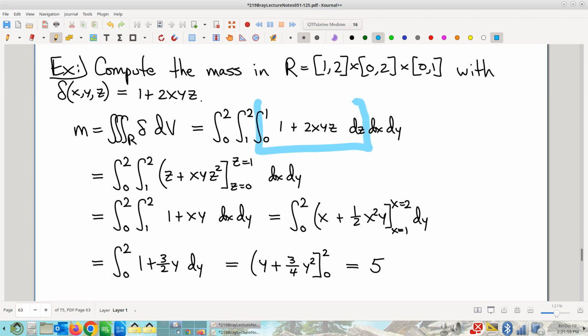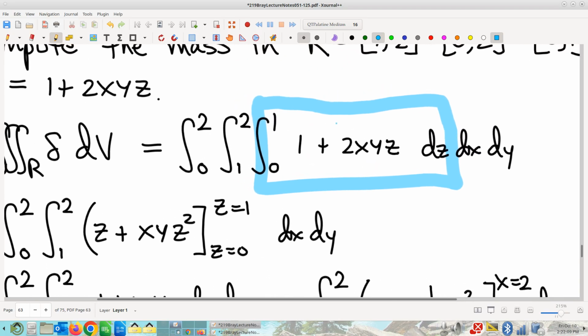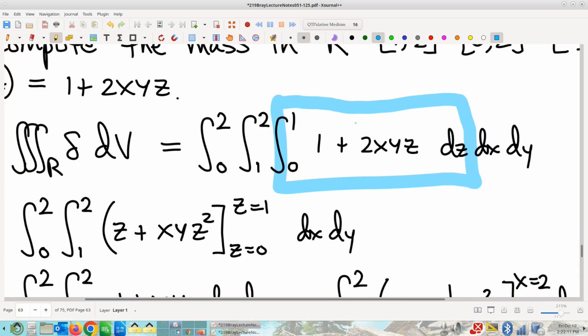Here's our inside most integral. Notice, in fact, let me zoom in for focus. If I can get this to cooperate. There we go. Notice x and y are my variables on the outside. That means x and y are constants.